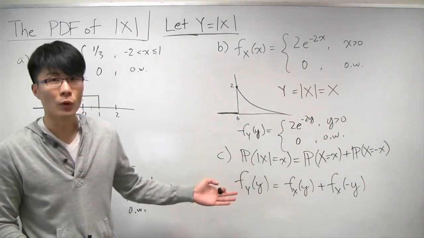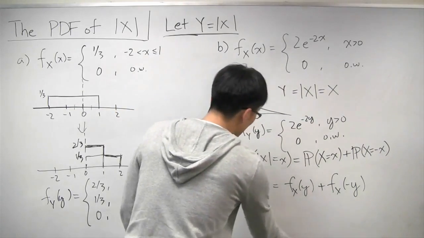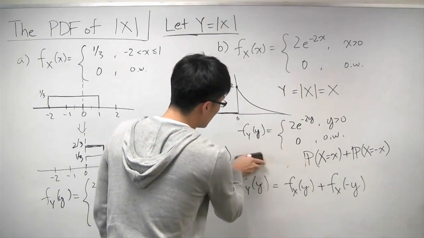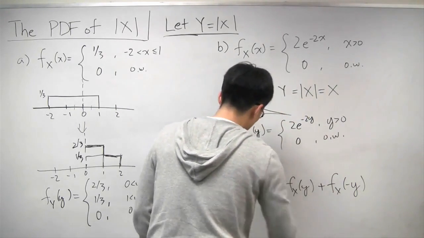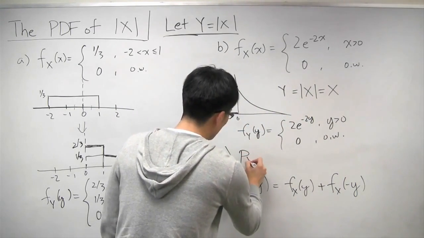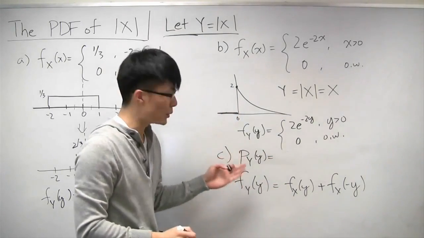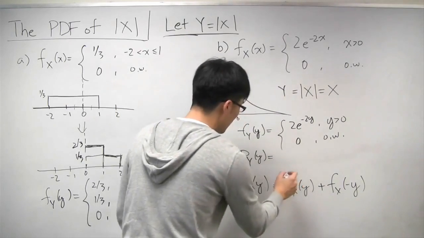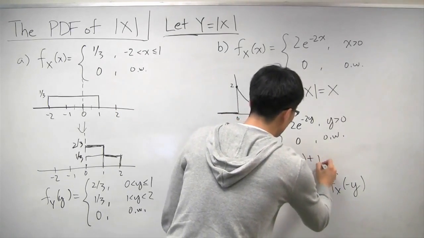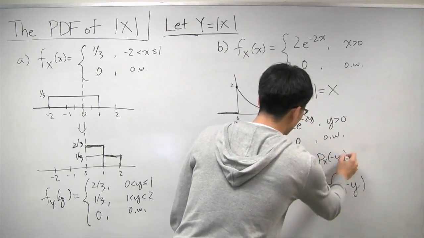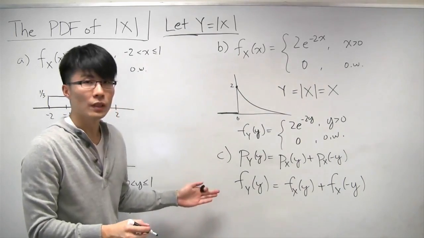So you again have both of these two contributions. And we can rewrite this top one to make it look more similar. So the PMF of some discrete random variable y, where this is a discrete random variable that's equal to the absolute value of x, would be the PMF of x evaluated at y plus the PMF of x evaluated at negative y. So in both the discrete and continuous cases, you have the same thing.